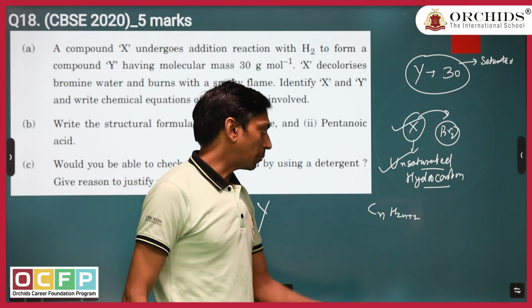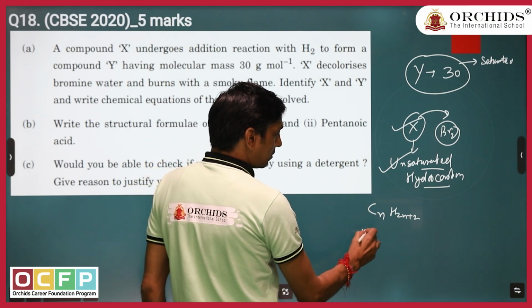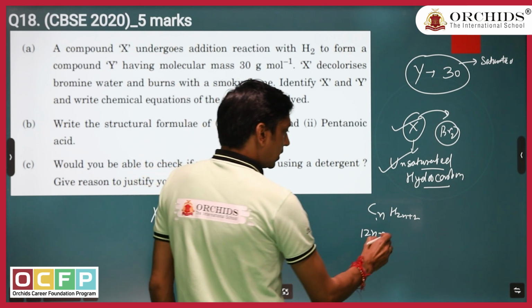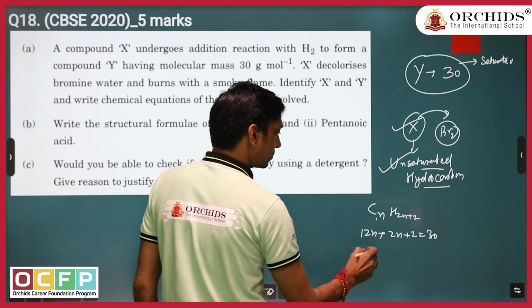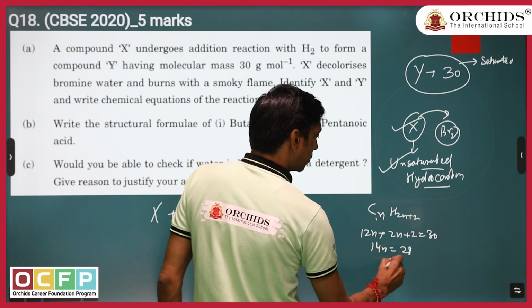We don't know how many carbon atoms there are, but the atomic mass of carbon is 12. So 12 times n plus 1 times (2n+2) equals 30. From there, 14n equals 28. Therefore n equals 2.